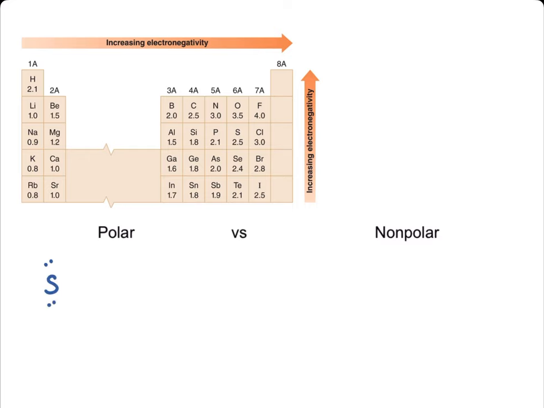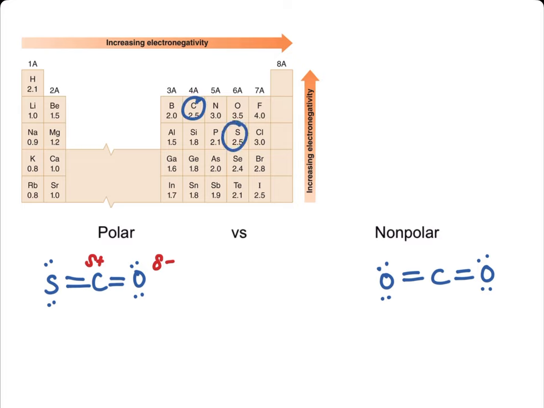Let's talk about a linear molecule. So we're going to take a look at the carbon and the oxygen. Oxygen is more electronegative, so it gets the partial negative. And let's talk about the carbon and the sulfur.